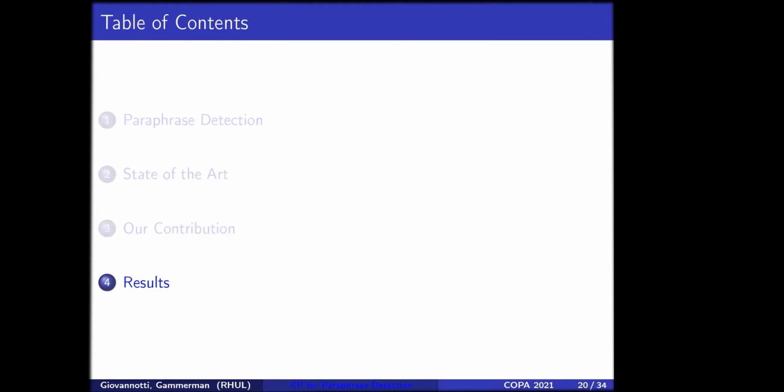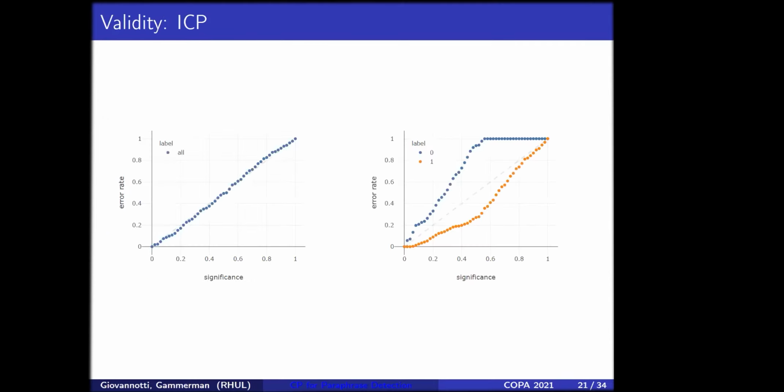Okay, so let's have a look at our results. This is the standard ICP, the inductive conformal predictor. We can see that the validity is confirmed, so we are able to control the error rate based on the significance level. If we set 0.3 significance, we get 0.3 error rate, which is nice.